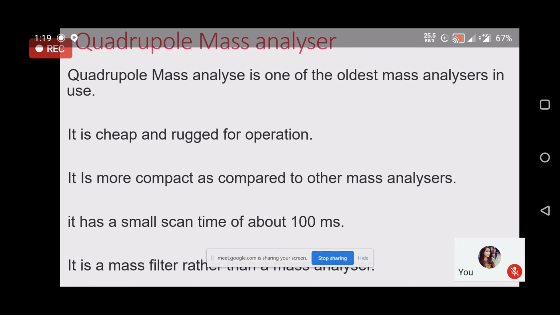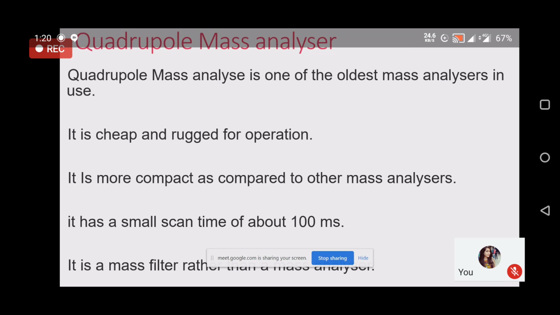Then how in a quadrupole mass analyzer will I be able to analyze different ions? Are you able to follow this point? I say that it is acting as a filter. That means only one m/z value will be able to move through that channel undeflected and reach the electrode, get discharged and register the current.